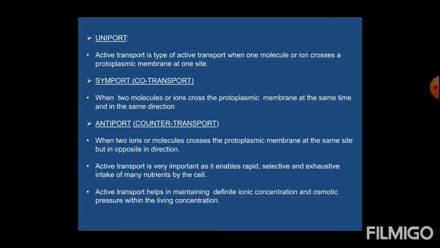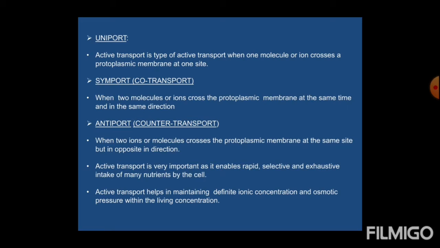Now uniport is a type of transport in which one molecule or ion crosses the plasma membrane at one site. I'll give you a simple example. Like in a class of children, one child wants to go out of the class taking the permission of the teacher.